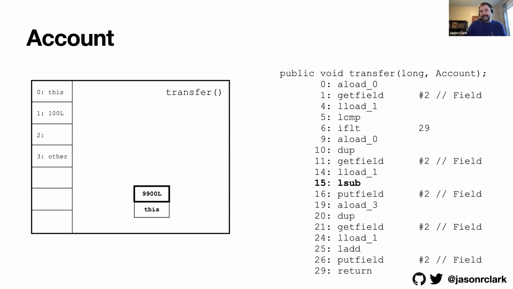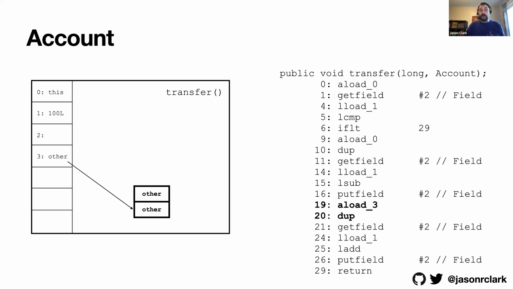So this is the minus equal line, effectively, that we're executing at this point to deduct from the account. We put the result of that back onto the field. That consumes the this pointer that we had sitting on the stack and the value for the field. And so now we're back to an empty stack.